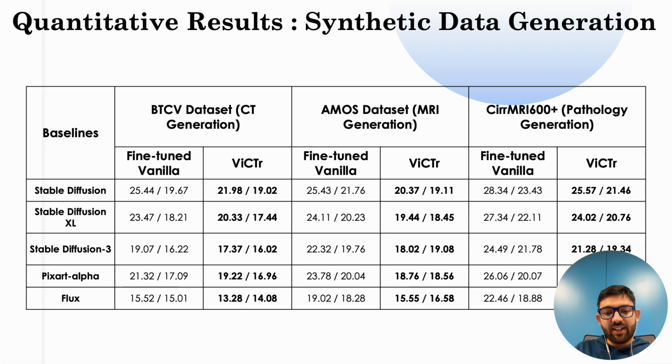And we have seen that Flux has the best MFID as well as FID score throughout all the variations, even in the CT generation, even in the MRI generation from the AMOS dataset, or even the pathology generation from the cirrhotic 600 plus dataset.